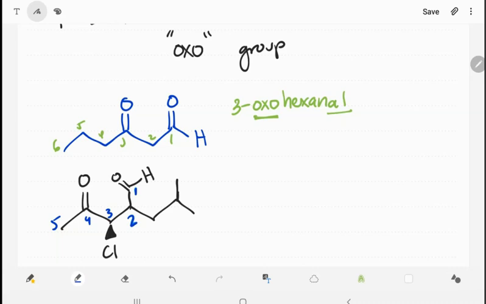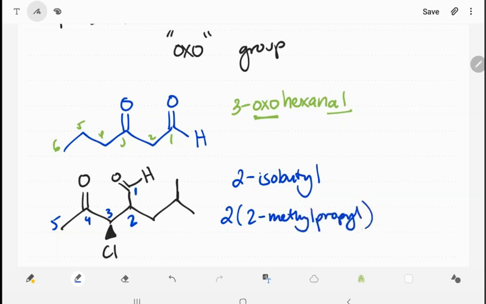Carbon 1 is our parent. We're going to leave that alone. Carbon 2, we have an isobutyl group. Or if you really want, you can say it's a 2-methylpropyl. You can write it that way too. I would be fine with isobutyl, but do you.